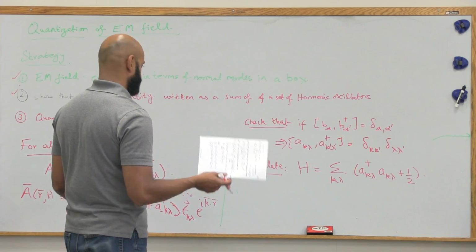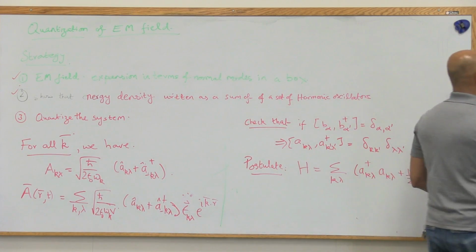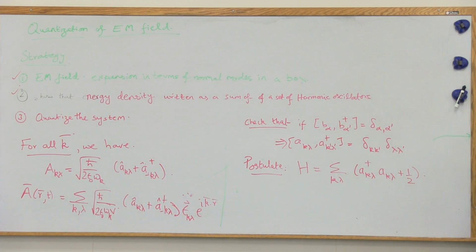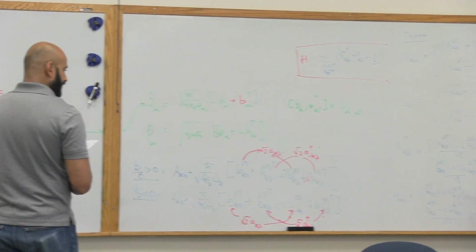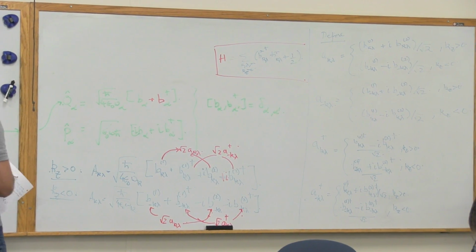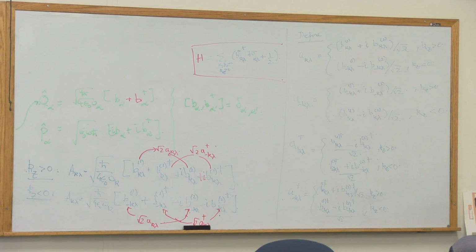And the only way to do it is, of course, to verify by plugging in the expressions. So I will just quickly do that. So maybe leave that part over here. This is the original Hamiltonian, right? And I have to show that this Hamiltonian is equivalent to that Hamiltonian. Okay? So to do that, once again I have to plug in the expressions for A_kλ for the two domains. So this is the sum over all k.